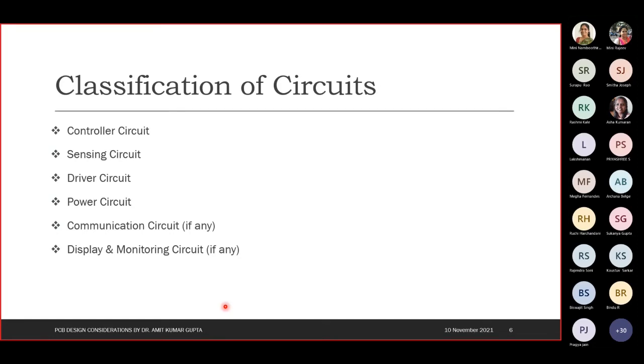That main part of a power electronic system can be called the power circuit. And if we need communication, then there will be a communication circuit, and if we also need display and monitoring, there will be a display and monitoring circuit. That depends on the requirement.